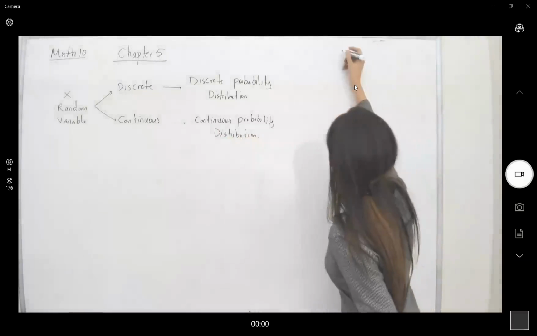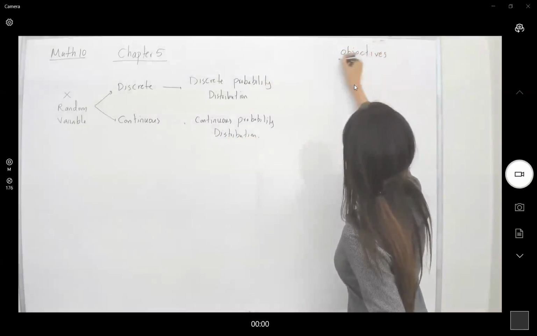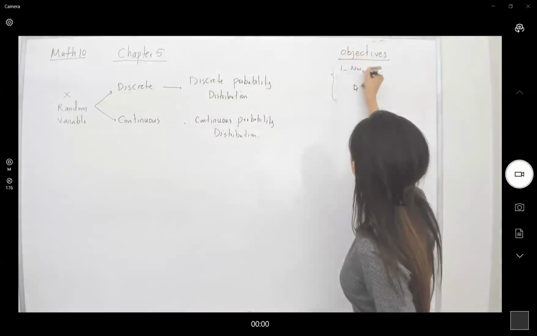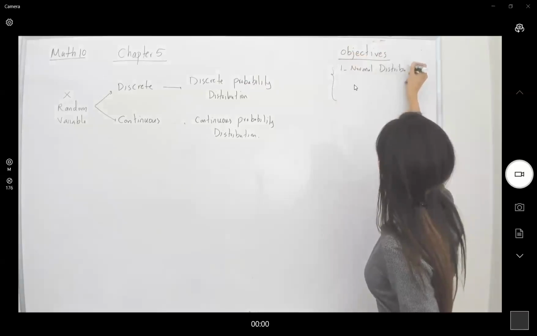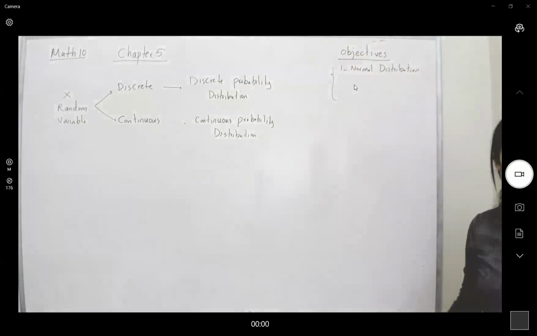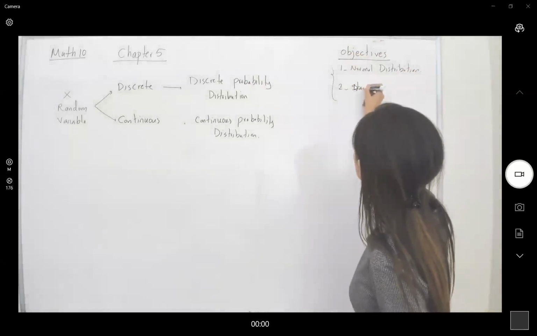So these are the objectives. A normal distribution. Well, we're going to talk about z value, so standard normal distribution.